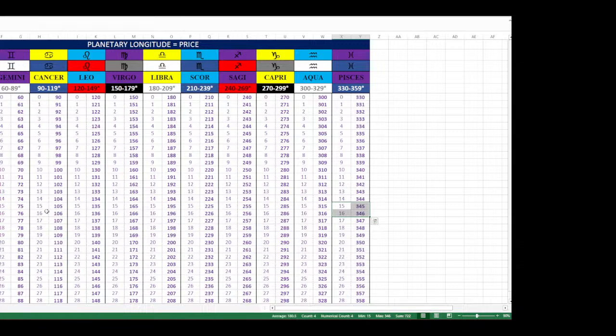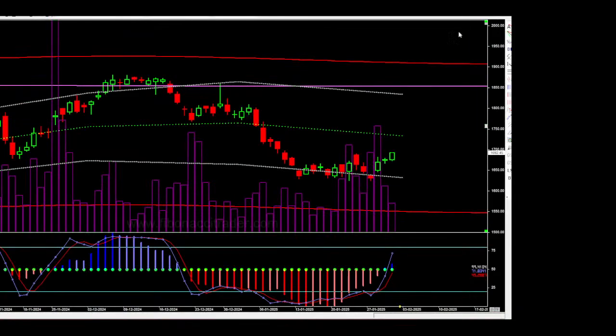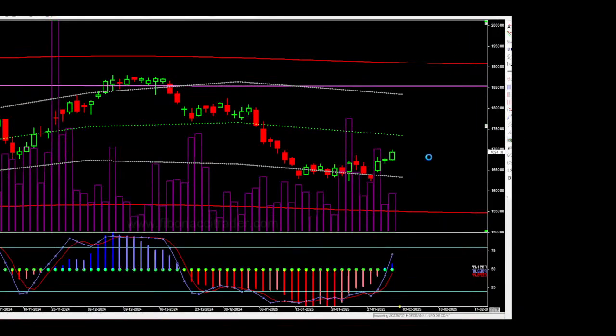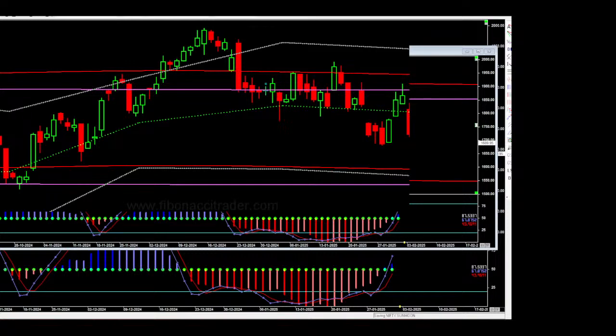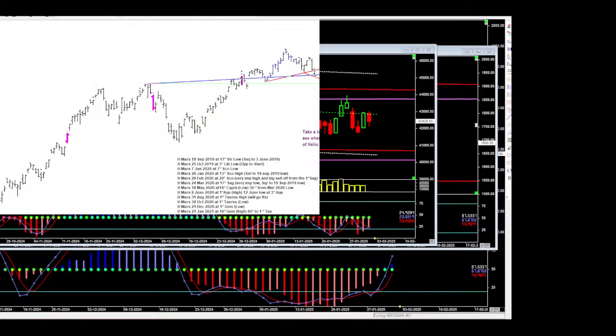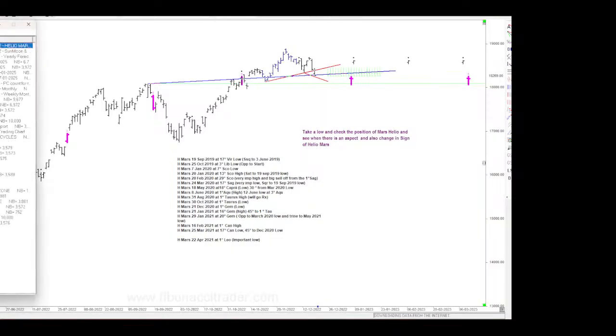From this table, 105, 106 is in the sign of Cancer, at 15, 16 degrees of Cancer. For our understanding, let's keep it at 16 degrees of Cancer to remember. Then we'll see how this low could be very important and why we should take this low as a very serious low from a future point of view.